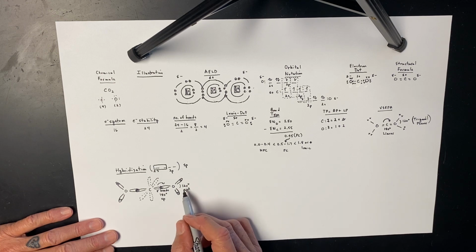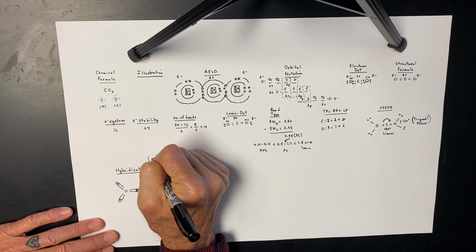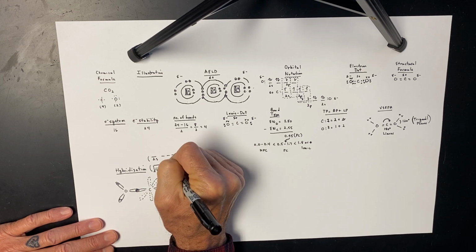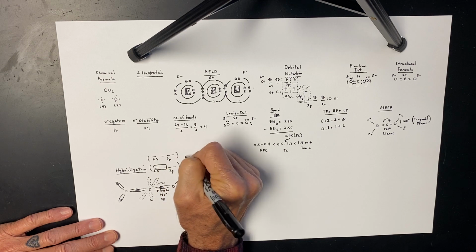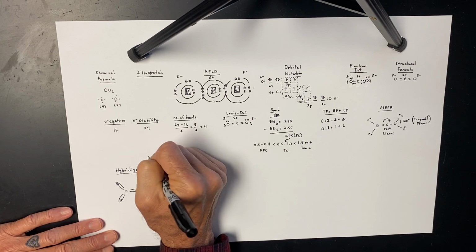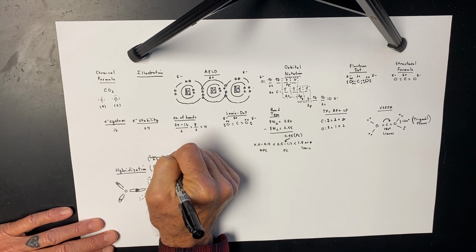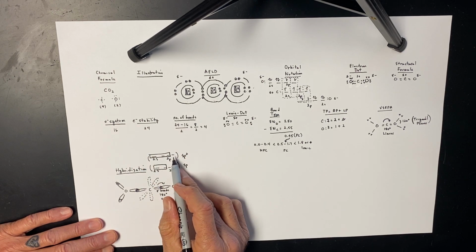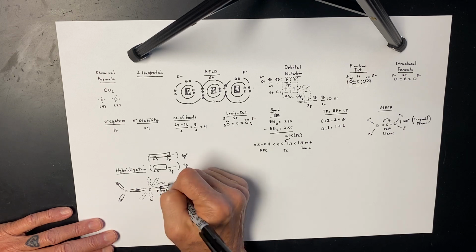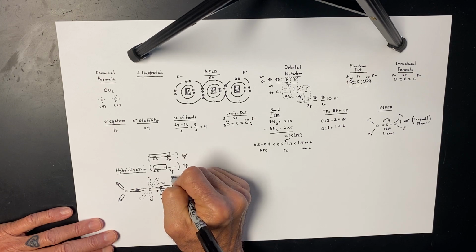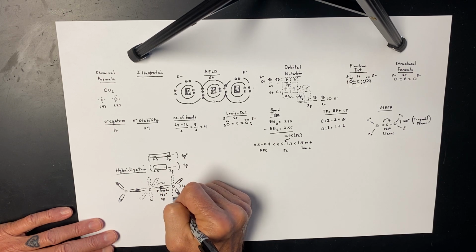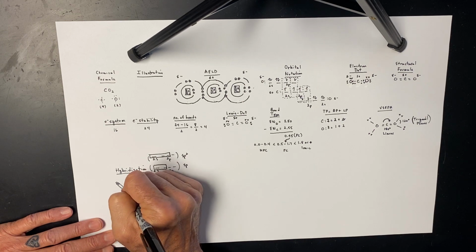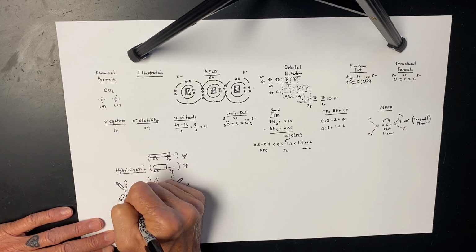And you may note, if oxygen has sp2 hybridization, that means an s overlaps with 2 p's, but that leaves us 1 unhybridized orbital remaining, and we're going to put that unhybridized orbital here, and here, and here, and here.